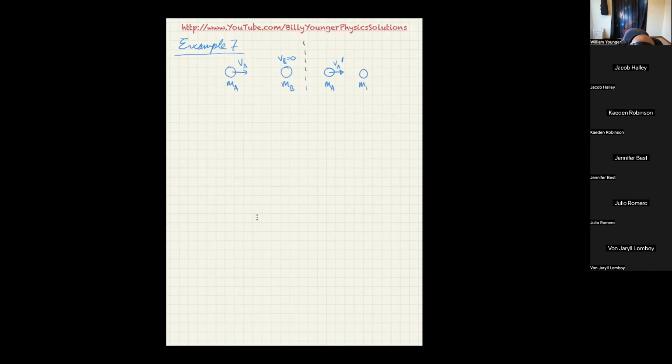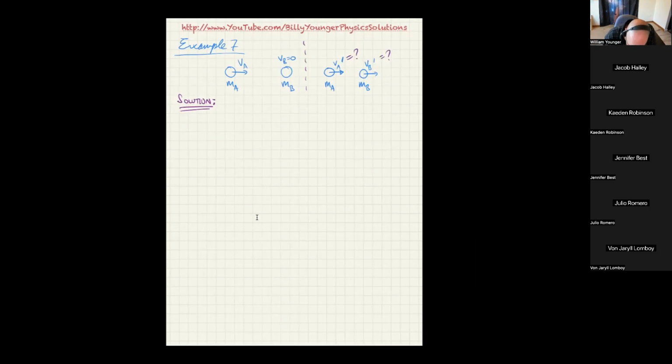And MB is going to be moving with VB prime. Okay. So first off, solution. And notice what we're looking for here is VA prime equals question mark and VB prime equals question mark.